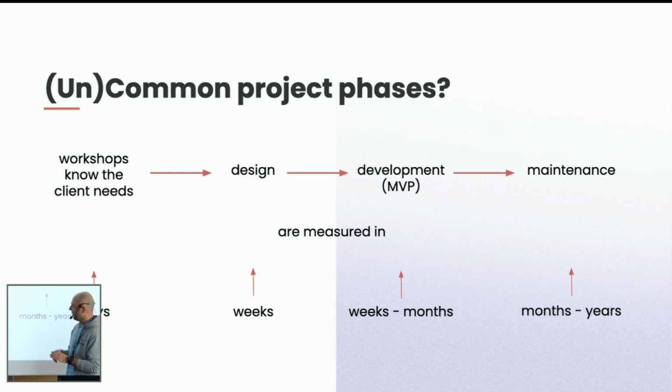After that come the phases that are probably very interesting for us: development and maintenance. The development of the MVP probably takes from weeks to months, depending on the scale of the project. But after that comes the maintenance part, and it can take years, especially when we are building for the enterprise.